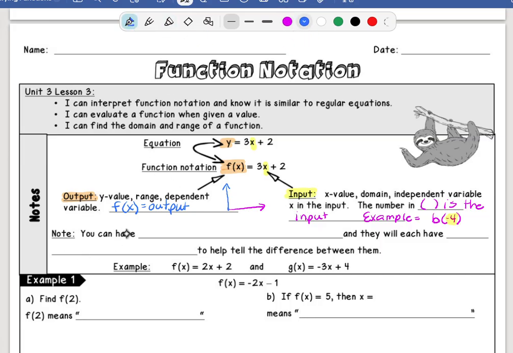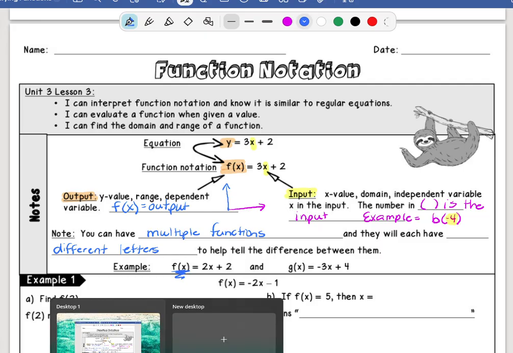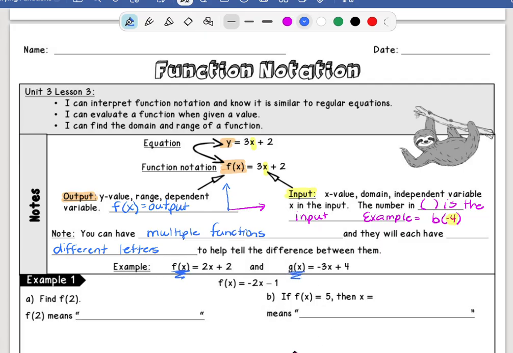Note, on the worksheet, they might list multiple functions. You can know the difference between the functions because they will each have different letters to help you tell the difference between them. So that's how we'll know there are different functions. For example, we could have this f of x and we could have this g of x.